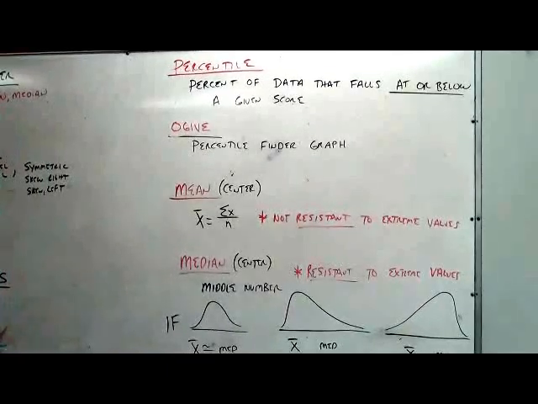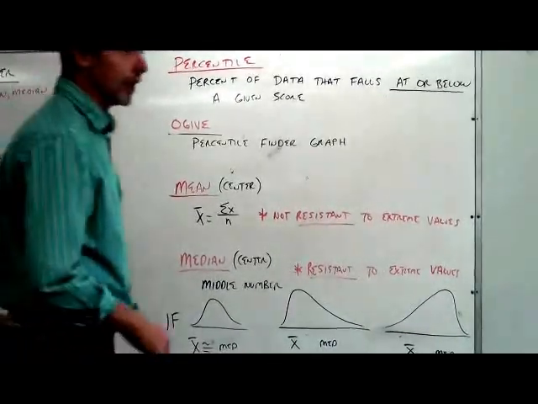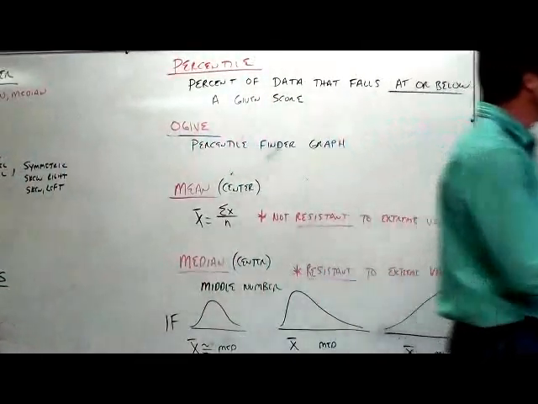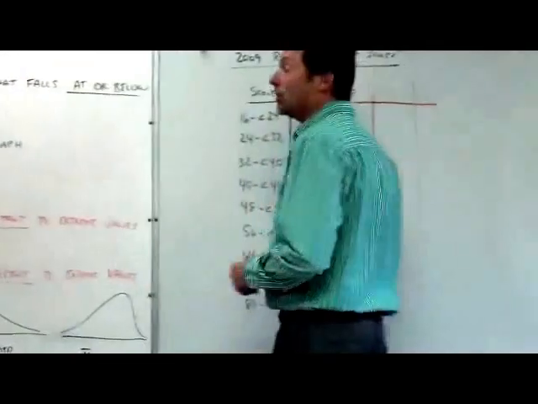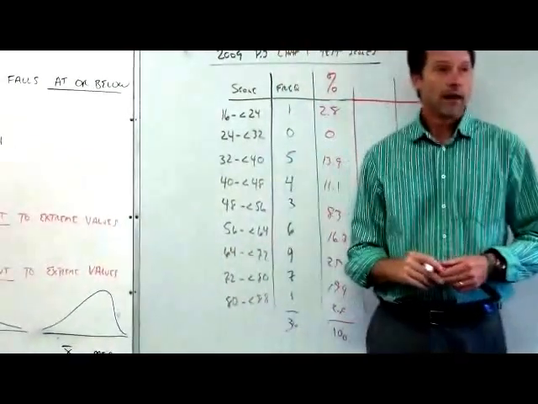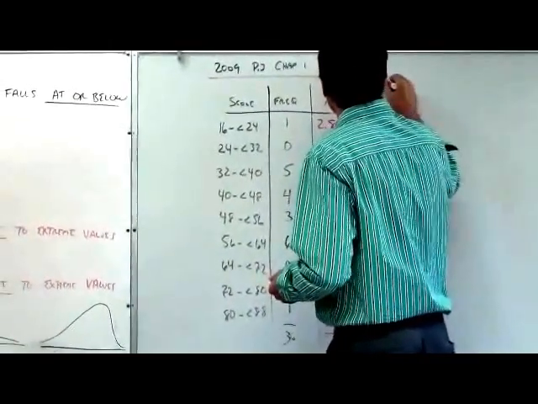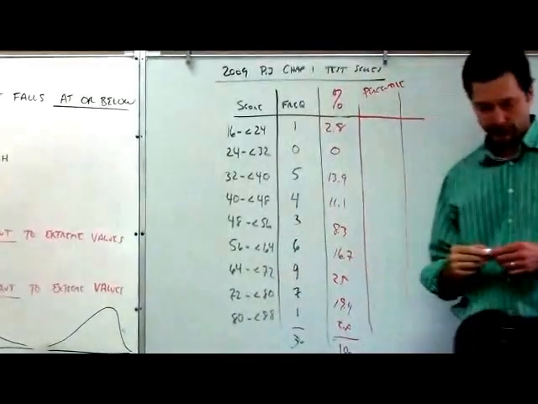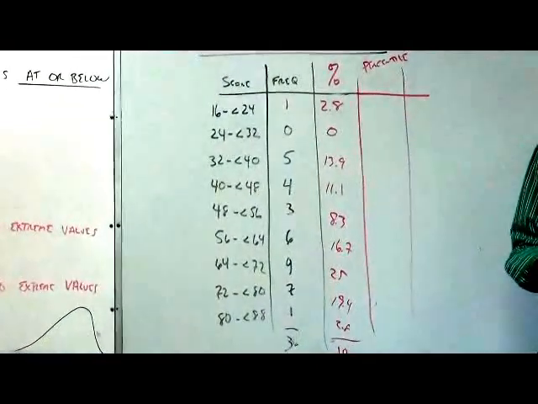All right, that's an ogive. That's what we're going to build, okay? You have no idea what that means, but that's what it's going to look like when we're done. In order to build this ogive, I need to make a new column here, and I'll call it the percentile column. Your book also has another fancy word for this.